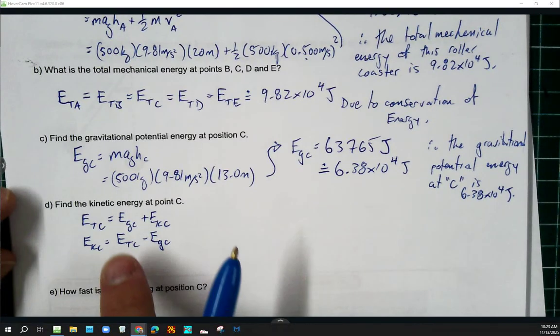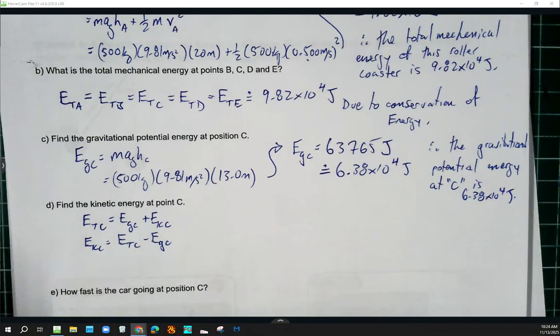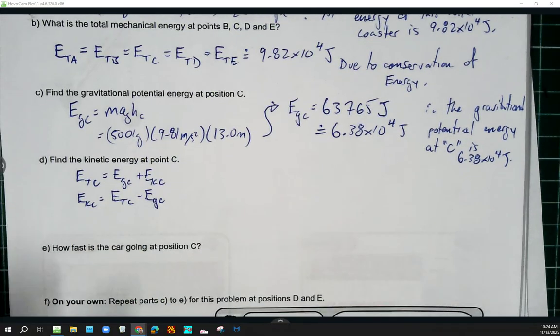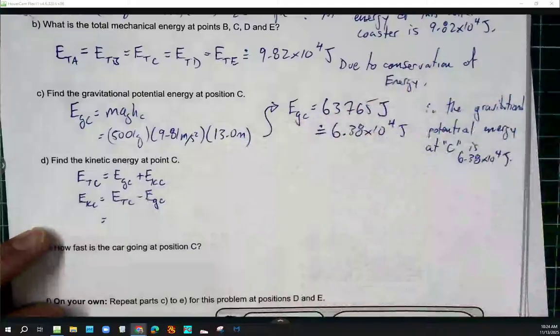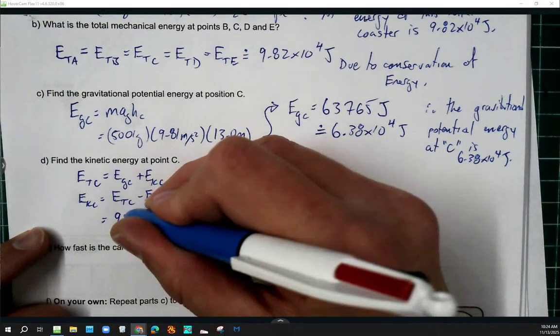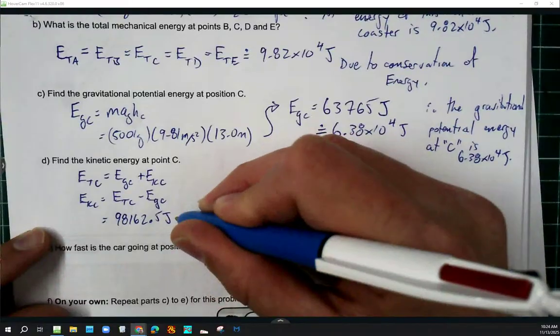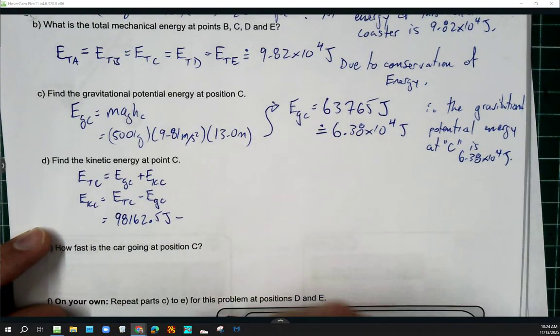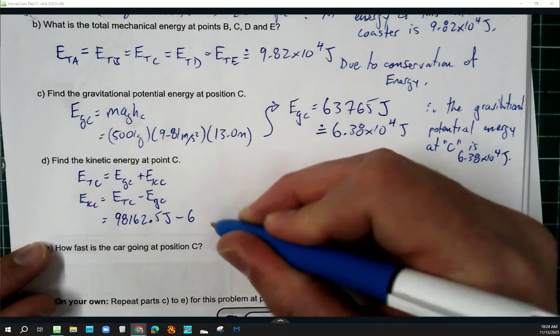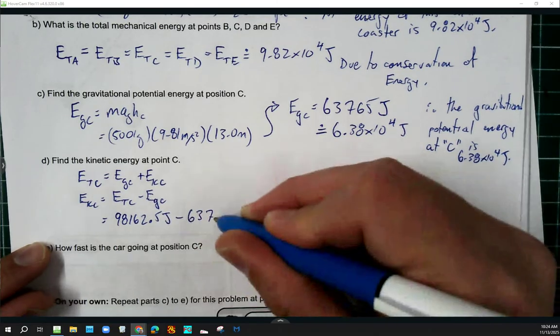Taking the EGC over to the other side, leaving that isolated EKC all by itself. And we're saying, okay, well, E total C, we figured that out earlier on, unrounded is 98,162.5 joules, minus EGC, which we just figured out, unrounded is 63,765 joules.